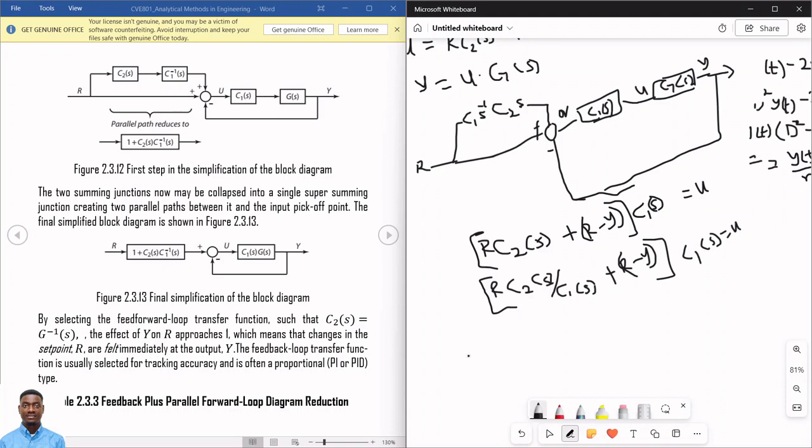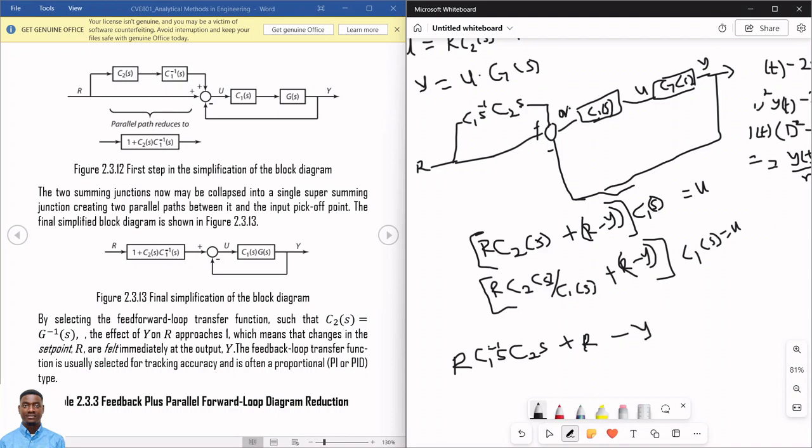So what we're going to be having is R into C1 inverse S, C2S, plus R, then minus Y is coming here.